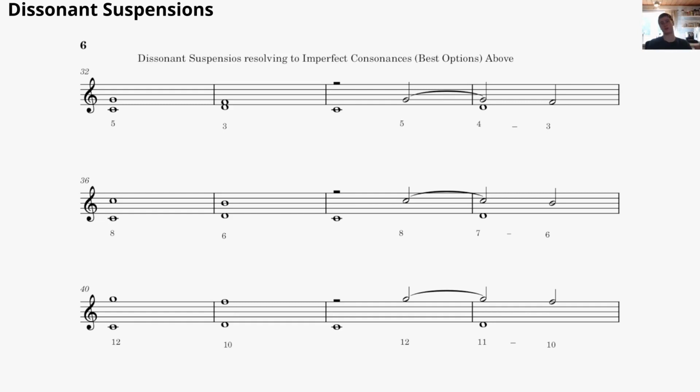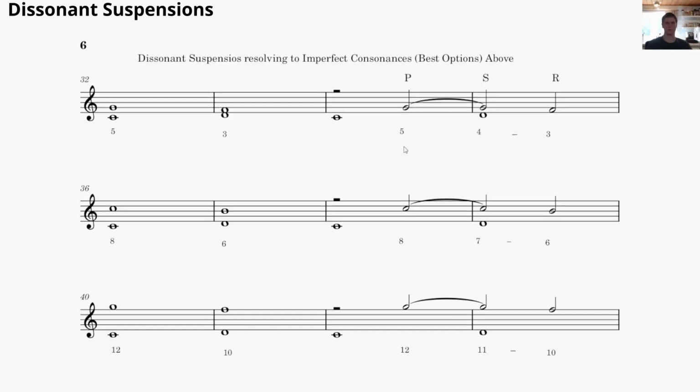Forming dissonant suspensions must follow 3 rules, also known as PSR. So first you have to prepare the note, then you have to suspend the note, next you have to resolve the note, and I'm going to explain this. But let's first note that in these exercises, when you resolve, you're always going to be resolving down a step. So since we're using syncopation to create the suspension in these exercises, P and S are always going to be the same note.